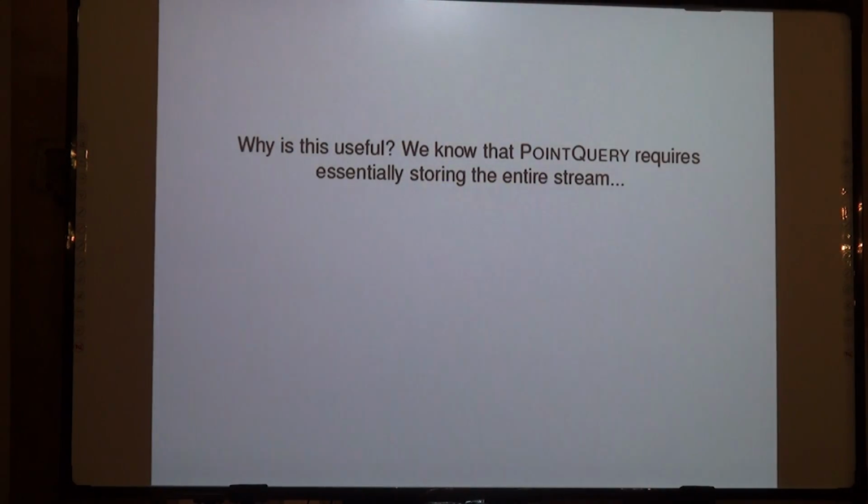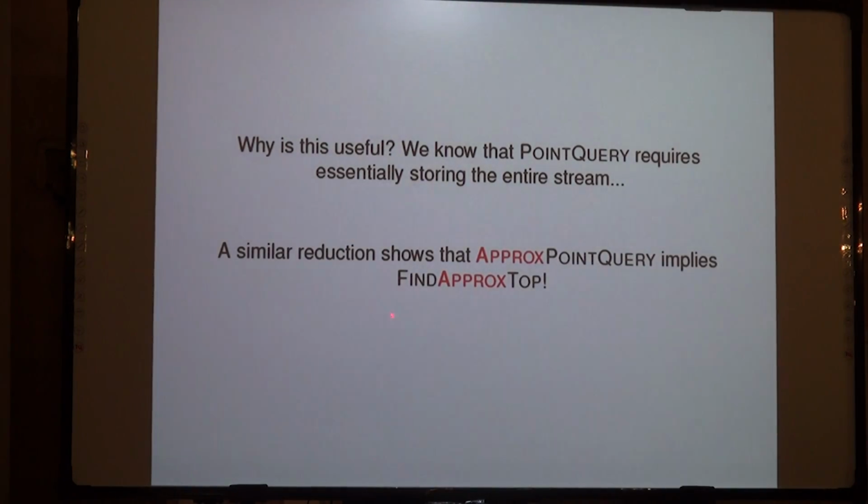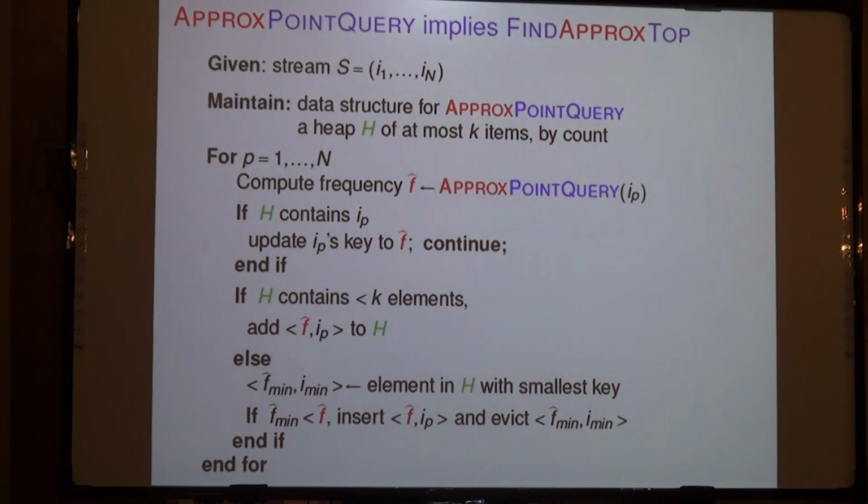The question is, why do we care? Because we know that the exact point query primitive cannot be implemented in small space. Well, a very similar reduction shows that if you have an approximate point query primitive, then you can use it in the exact same way to get an approximate find top. So we're scanning the stream, and whenever an item arrives, we ask our oracle to give us an approximation to the count.